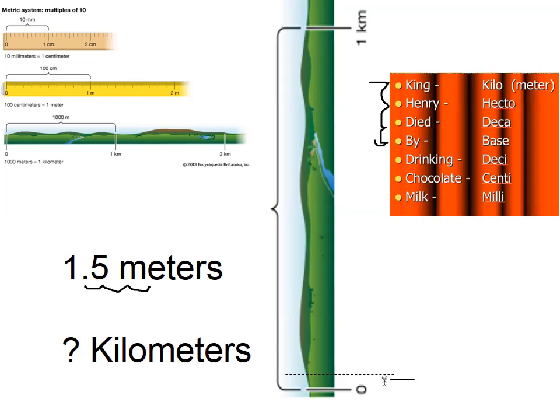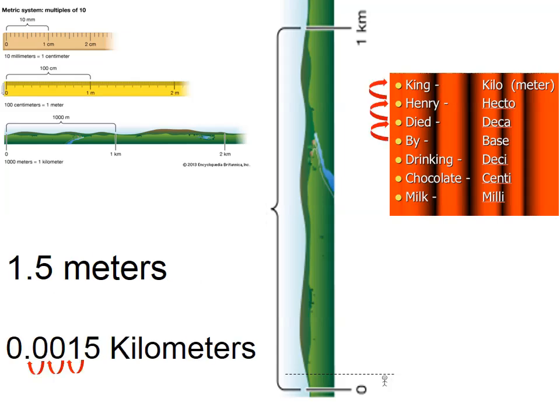That doesn't make sense. I mean, if I said to you that you're 1,500 miles tall, you would understand that that doesn't make any sense. Well, it doesn't make any sense here either. And so the problem here is we went up 3 steps this time, so we're going to have to move the decimal point to the left instead of to the right. And because we moved 3 spaces, we're going to move the decimal point 3 spaces to the left.